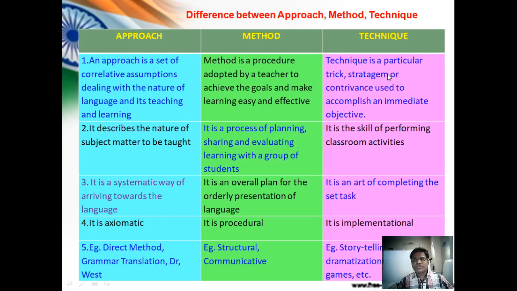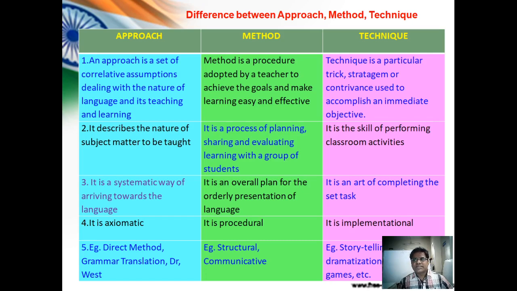Immediate objective means I have to give exposure to my students, and I distribute some dialogues among the students so that they deliver these dialogues effectively according to the need of the character in the particular context. So I will use the trick, that is, role play. Some dialogues will be assigned to the students and they are expected to deliver them for only 1 or 2 minutes.